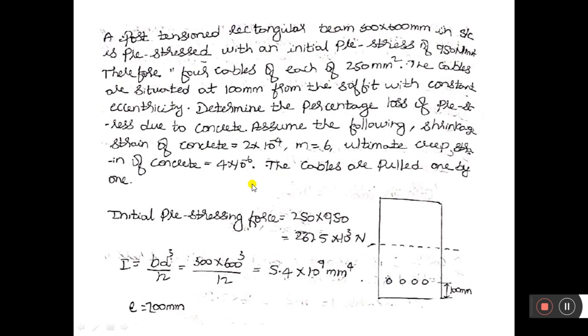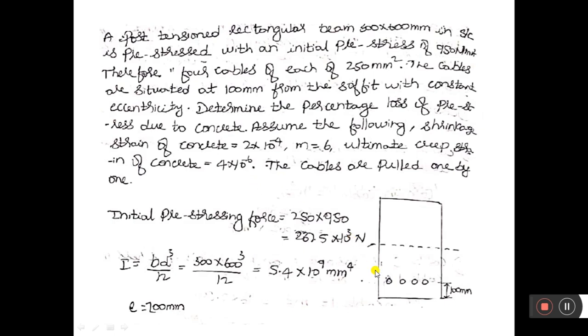So in this question, it is given that a post tensioned rectangular beam of cross section 300 by 600 mm is pre-stressed with an initial pre-stress of 950 Newton per mm square.